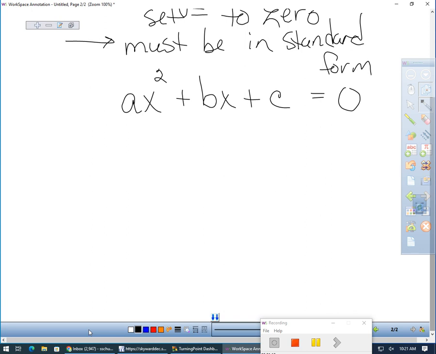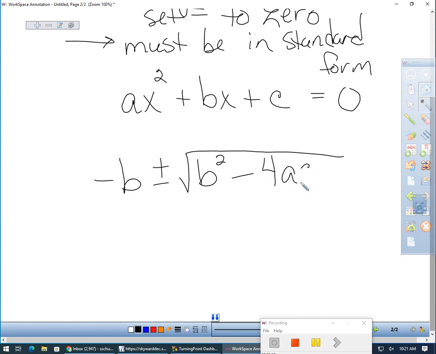Once we learn to use it, it's super, super easy. Here we go. Quadratic formula is this: negative b plus and minus the square root of b squared minus 4ac all over 2a.